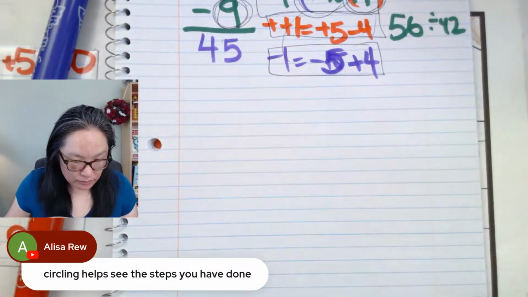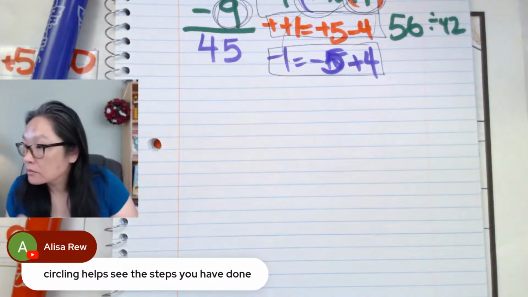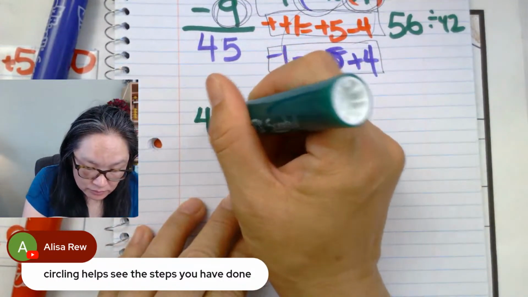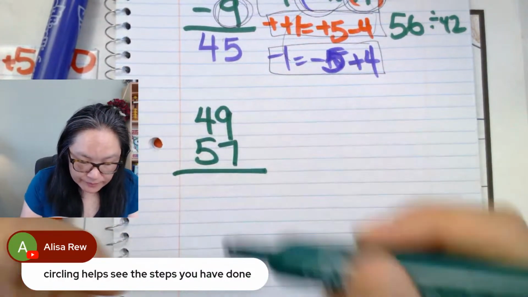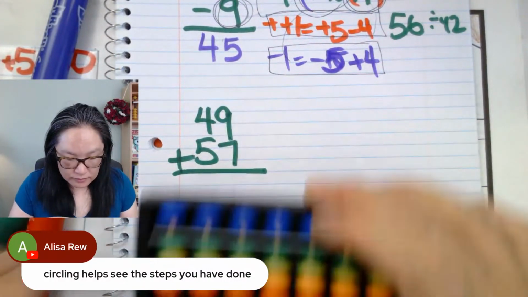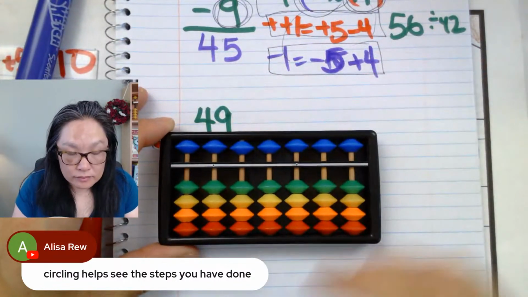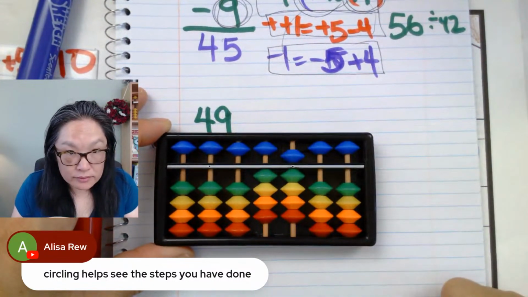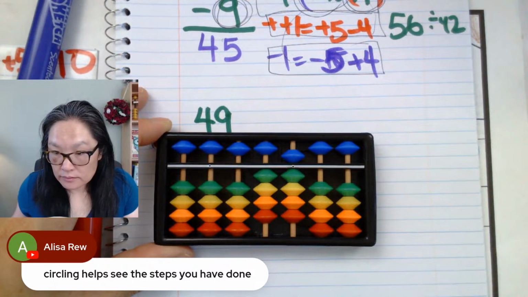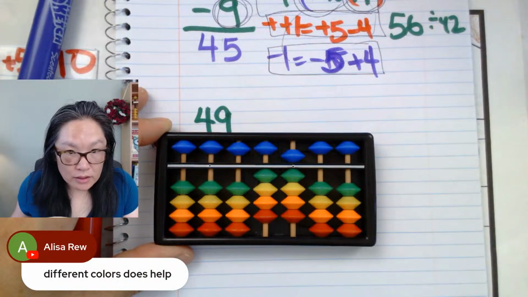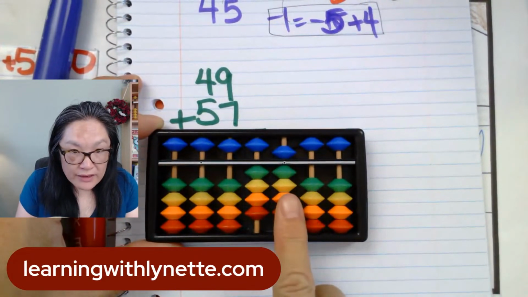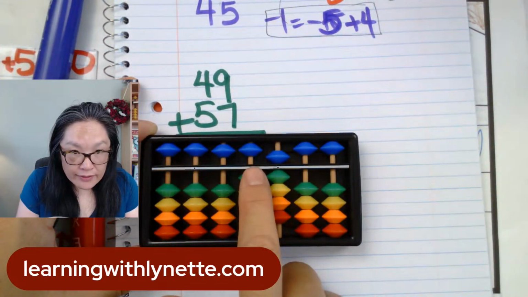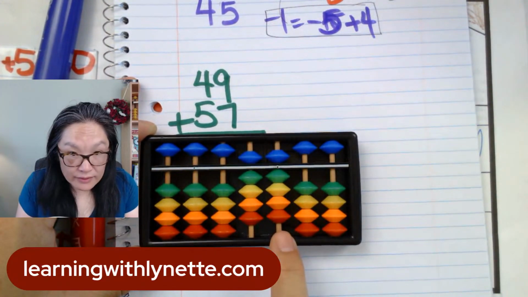We'll do addition. 49 and then 57. So 49. And then we're going to do 57. Add the 5, add the 7.